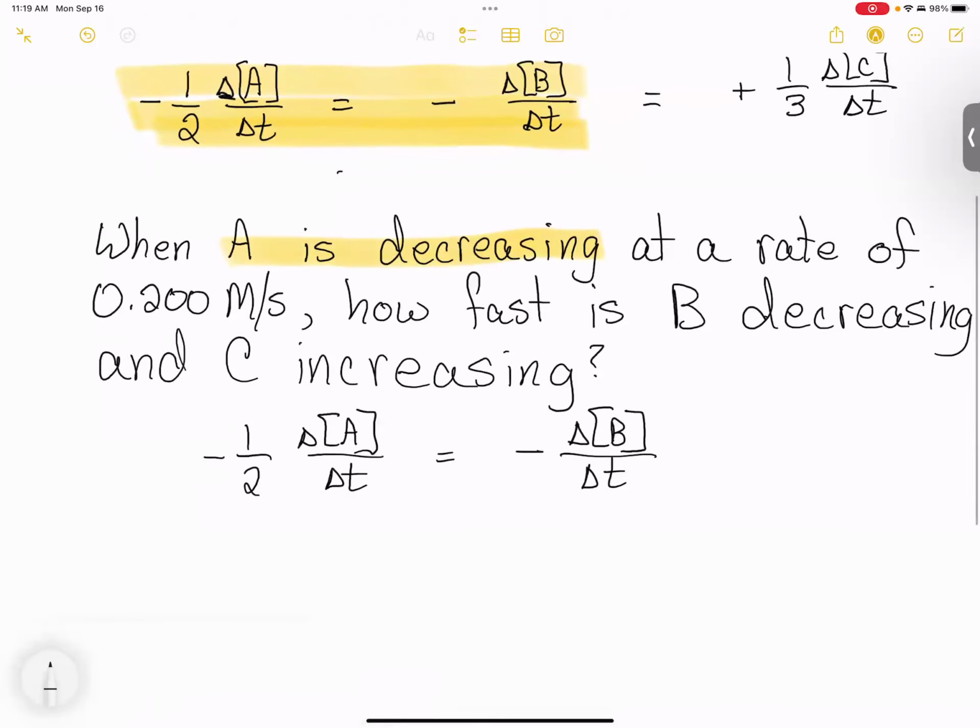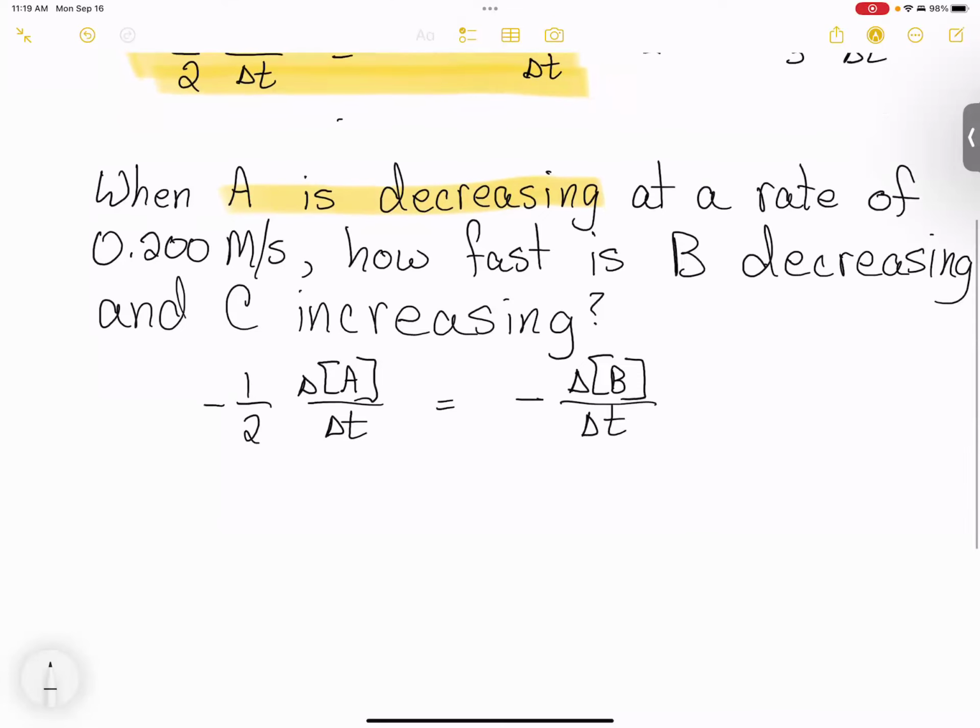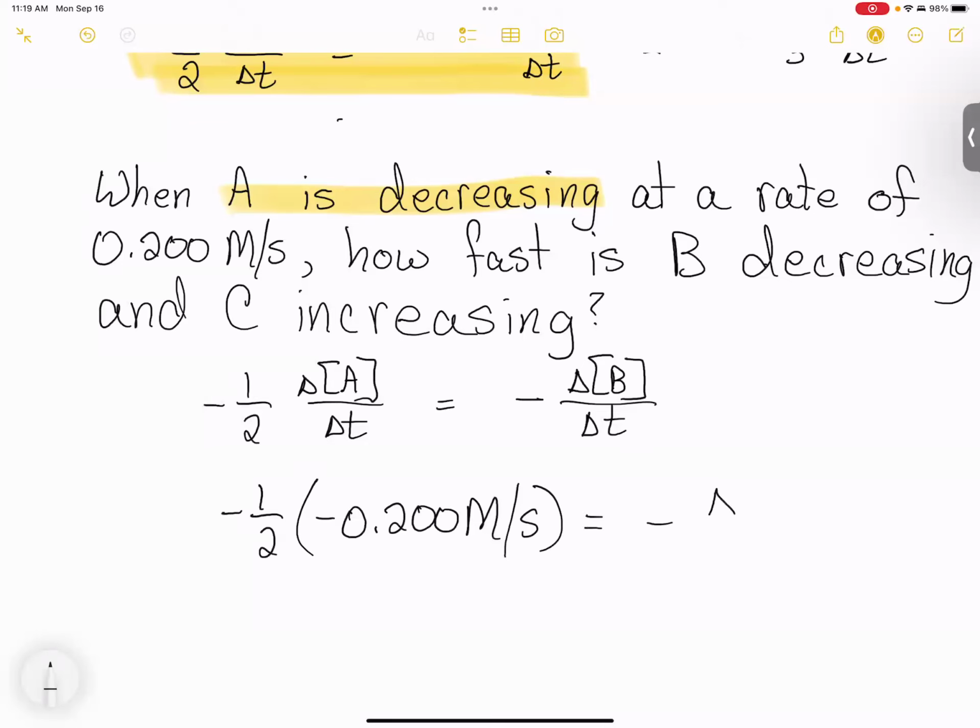So it would be a negative change in concentration because the change, delta, is always final minus initial. So if it's final minus initial and it's going away, that means the final has to be lower than the initial. So it would be -1/2 of a negative 0.200 molar per second is equal to a negative change in the concentration of B over the change in time.